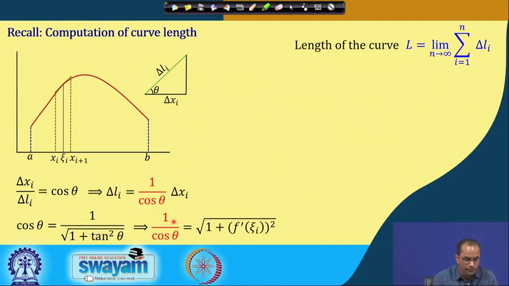So 1 over cos theta is equal to the square root of 1 plus tan square theta. Theta is the angle which this tangent makes with the x axis, so tan theta is the geometrical interpretation of the first derivative. Tan theta is nothing but the first derivative at the point xi_i.